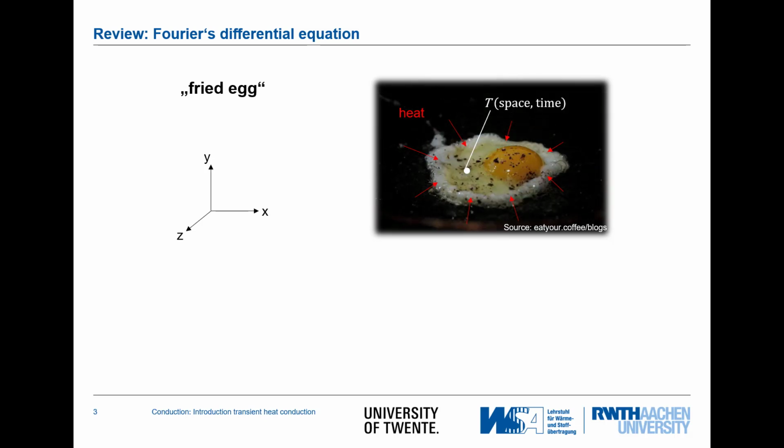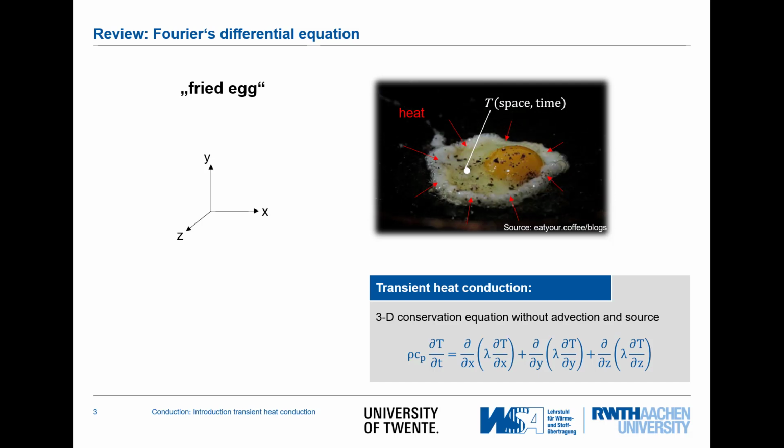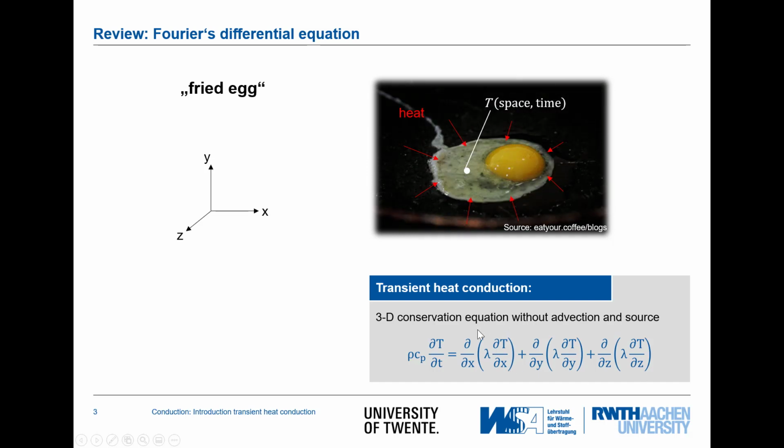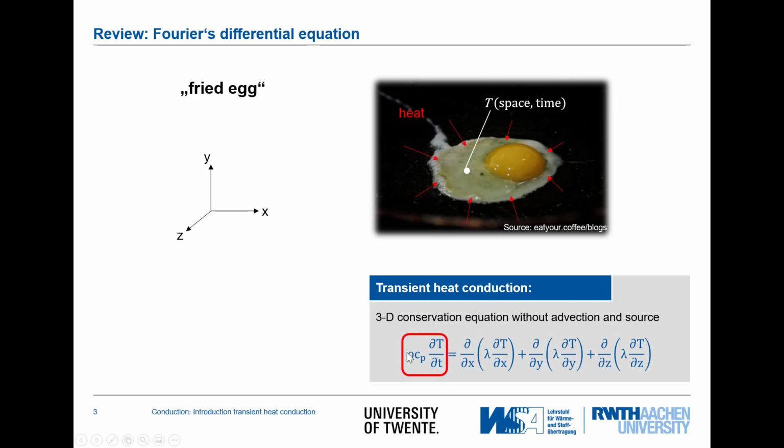So the temperature of the egg material changes in space and in time, and for that we need to add, of course, to our heat conduction equation, with conduction in all three dimensions of space, also a temporal variable, so the change of the temperature in time.